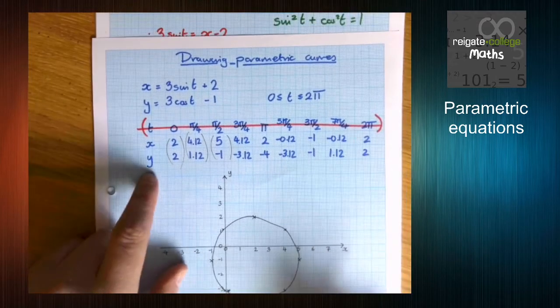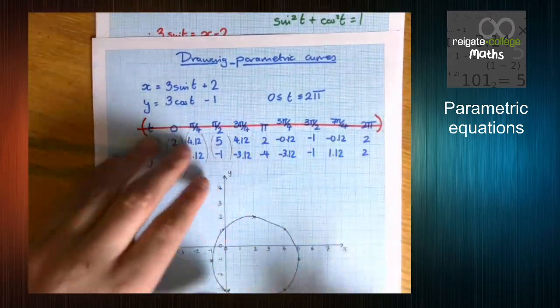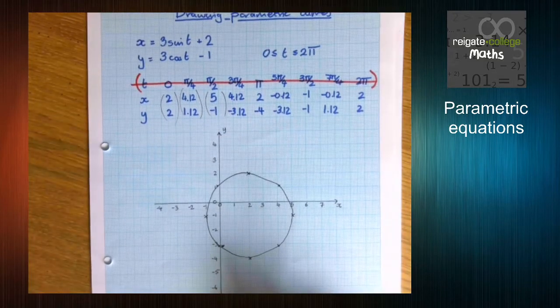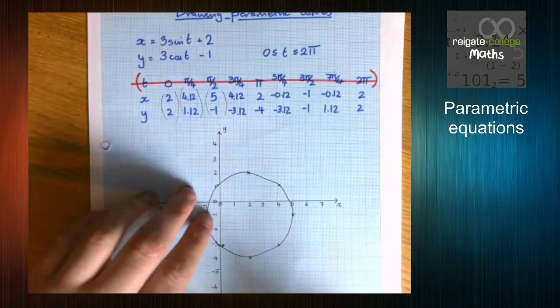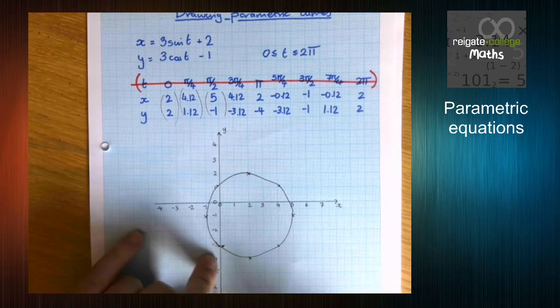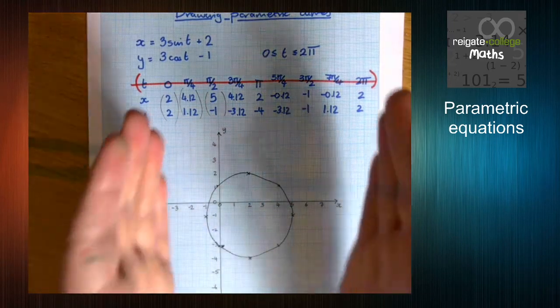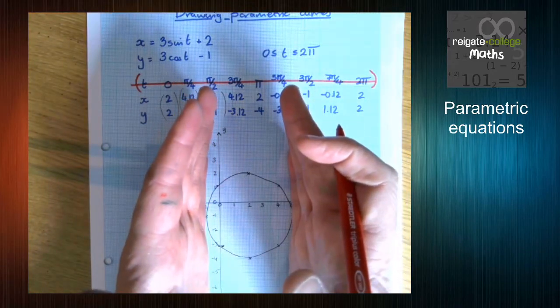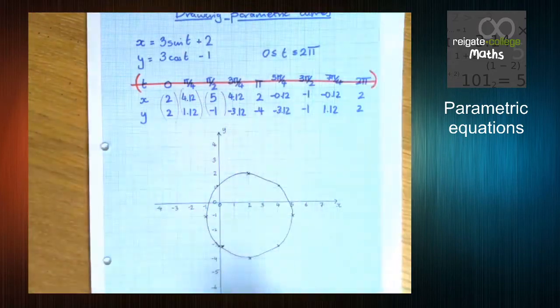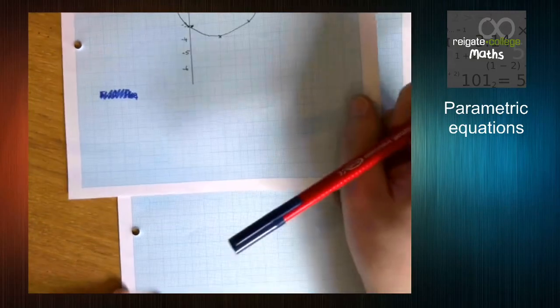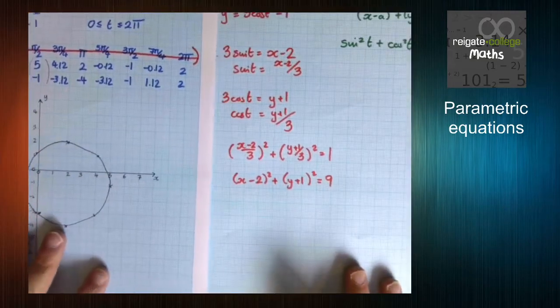We've already worked out a lot of the values for x and y between 0 and 2 pi, and we can already see our range and domain here. Remember, the domain is the limits of x, the range is the limits of y. So we don't actually need to do any further calculation because we've done it all already.